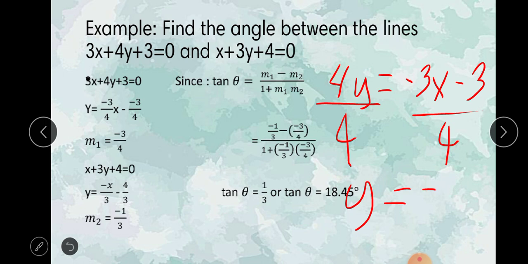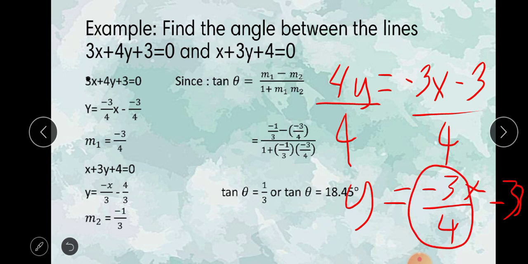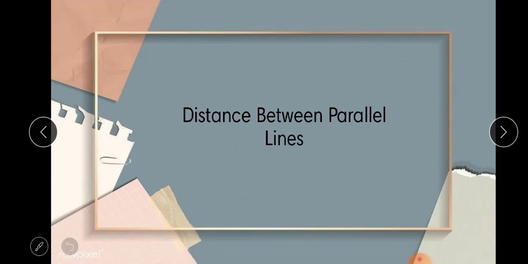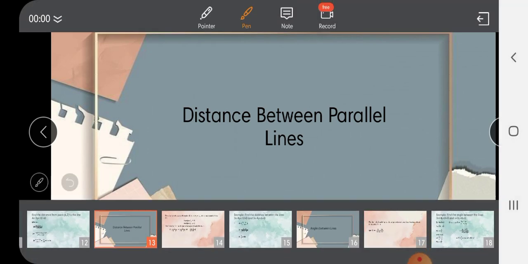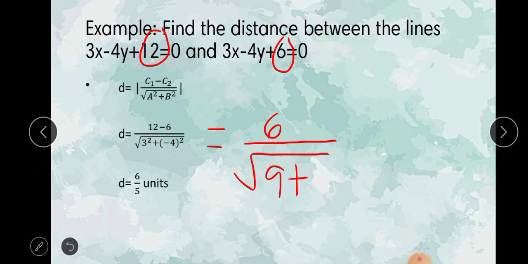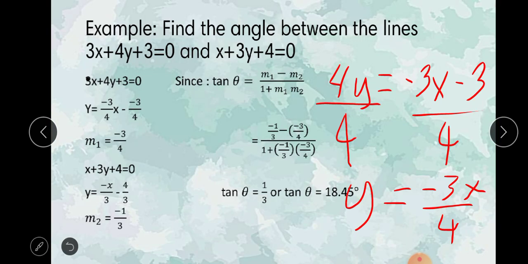So we will have y equals negative 3x over 4 minus 3 over 4. So our slope is negative 3 over 4. For the second equation, the slope is negative 1 over 3, done the same way as for the first line.